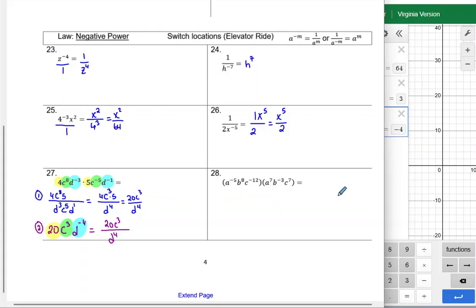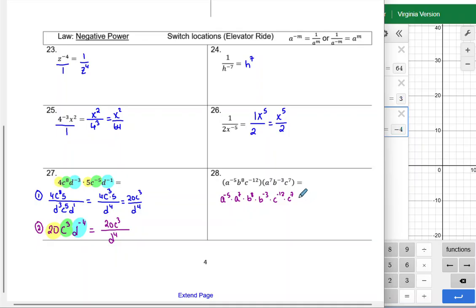All right, so for this one, to be honest, the second method, where you simplify first and put all the variables together, since everything is just being multiplied together, probably works better, okay? So we're going to put the a terms together. So a -5 times a +7, and then b 8 times b -3, and then c -12 times c 7.